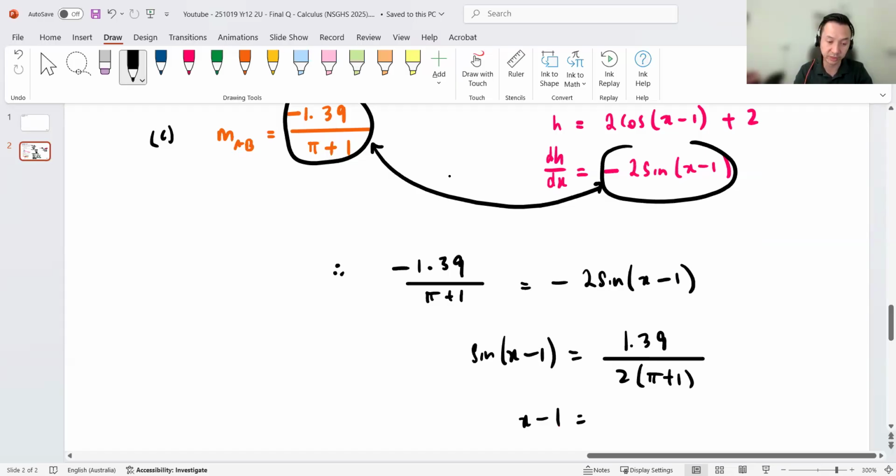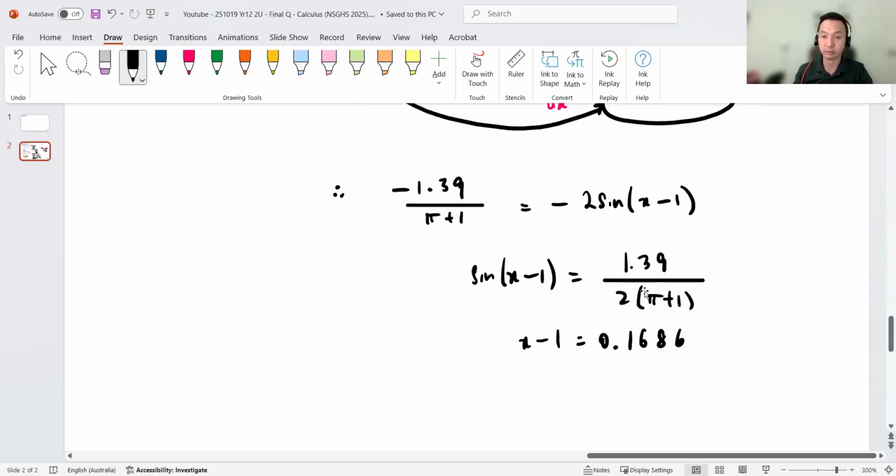Shift sine of 1.39 over 2 times (pi plus 1), I got 0.1686. So therefore, x equals 1.1686.